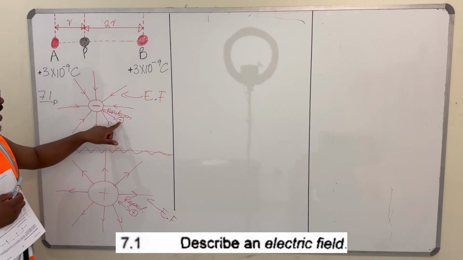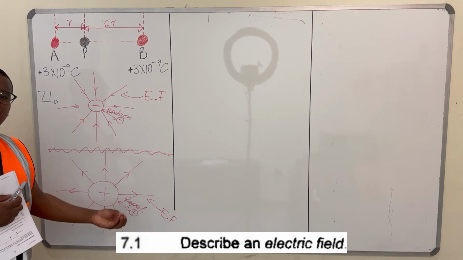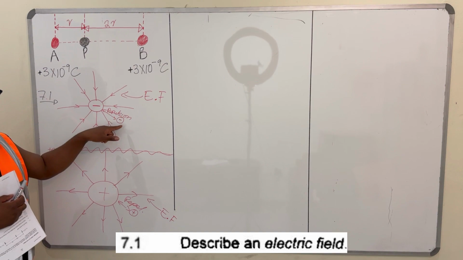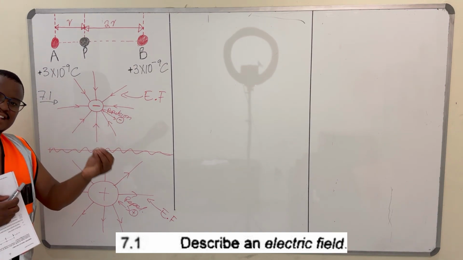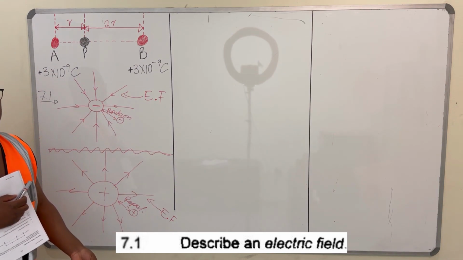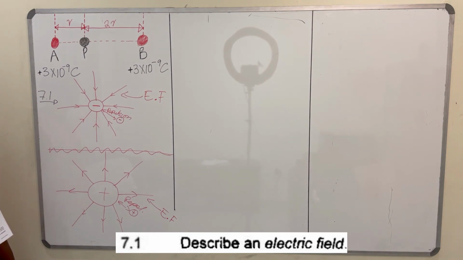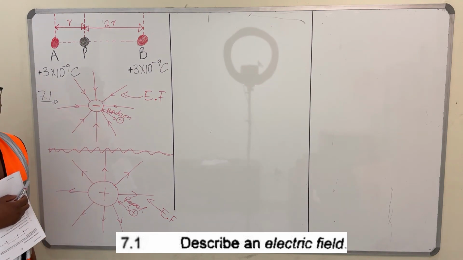So if you can find how many newtons are experienced by 1 coulomb at this point, then every charge that you place in that exact position will experience exactly the same amount of newtons, which is the same amount of force. That's what an electric field is, which is similar to this. So I won't do it for both of them. I've done it for this, it also applies here.